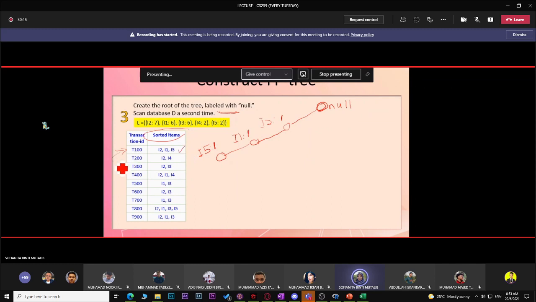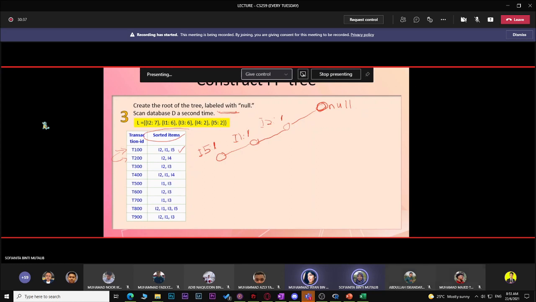Okay, so now it goes to the transaction 200. Okay, so transaction 200, we have I2 and I4. So how you are going to add the items and the branch in the tree? Under null. Under null, lepas tu? Tambah ke I2 satu lagi.